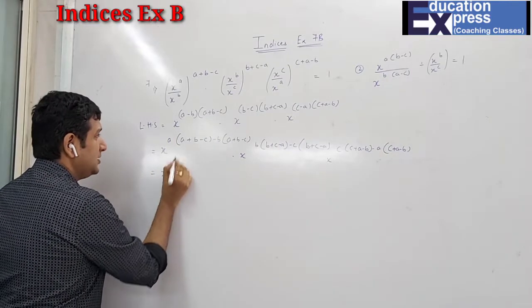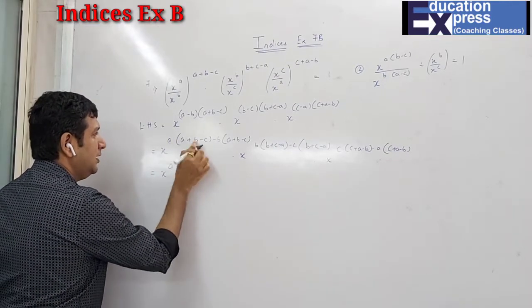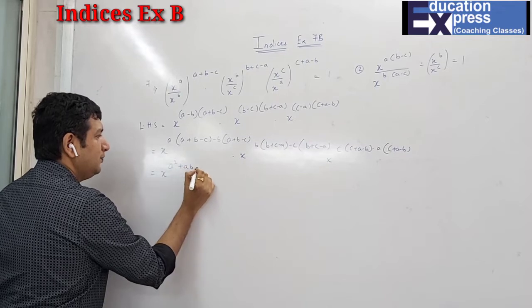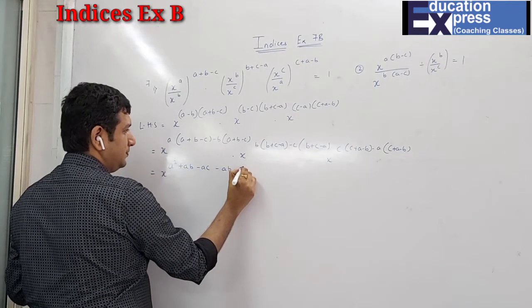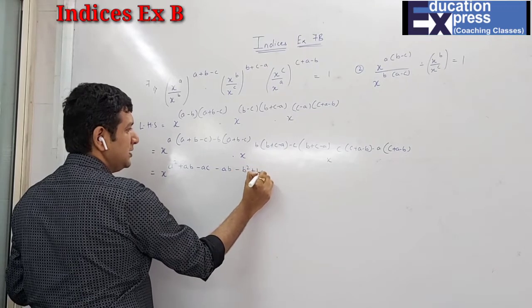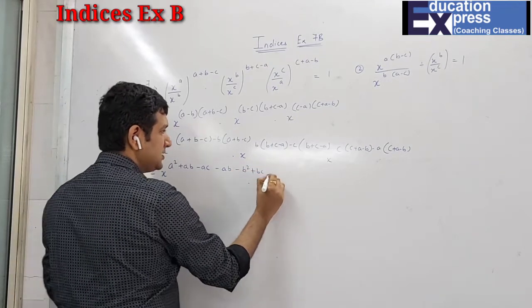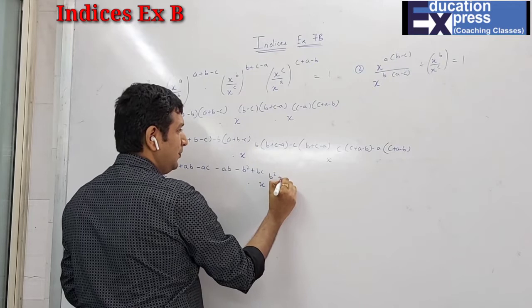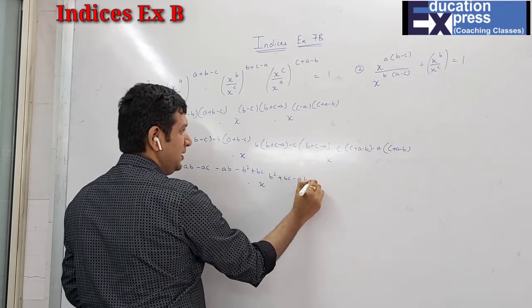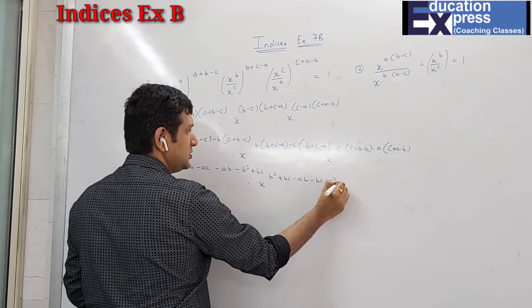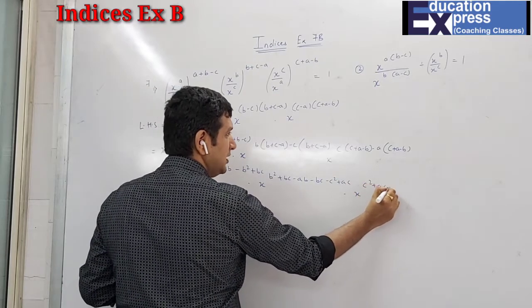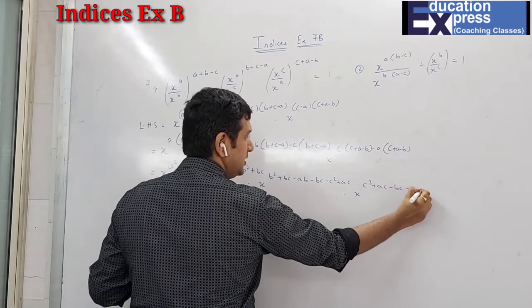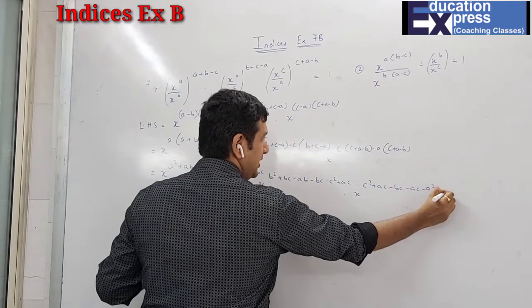So A into A is A square plus AB minus AC minus AB minus B square plus BC, B square plus BC minus AB minus BC minus C square plus AC, C square plus AC minus BC minus AC minus A square plus AB.